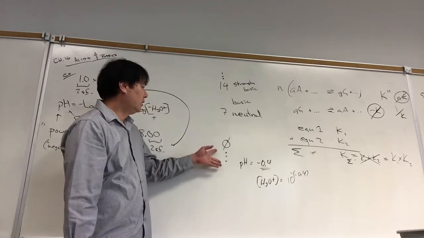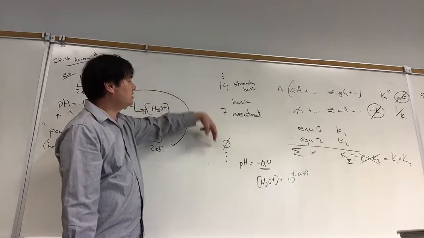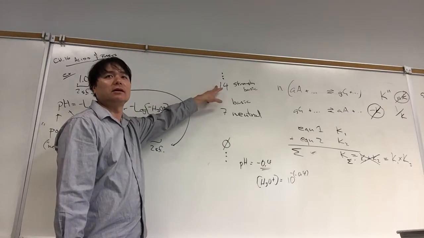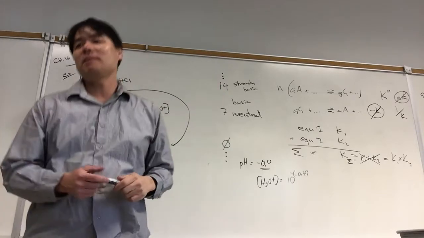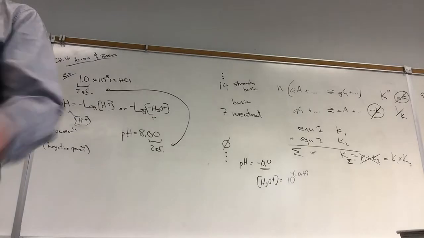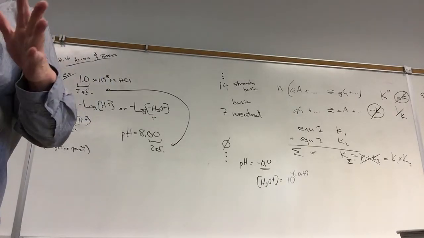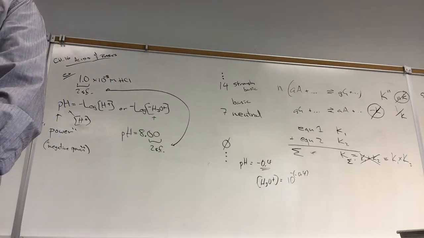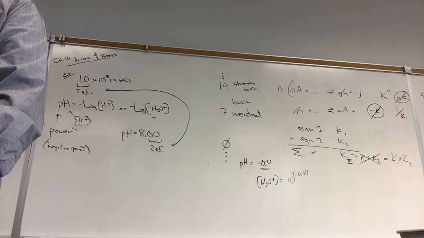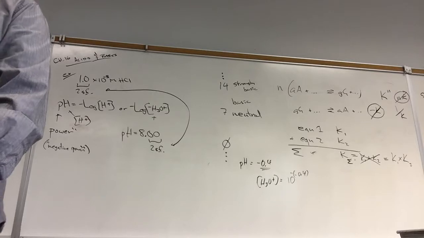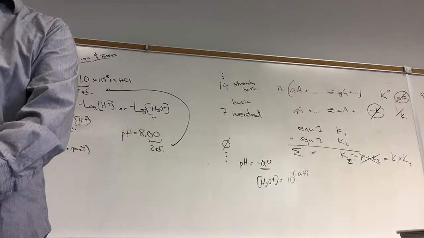I'll tell you why. Because if we stay between 0 and 14, then we can assume all the solutions behave ideally. If we go outside the 0 to 14 range, then the solutions start to deviate from ideal behavior. How do solutions deviate from ideal behavior?